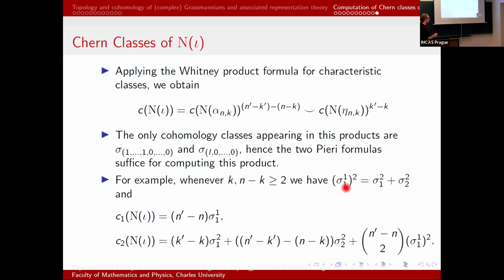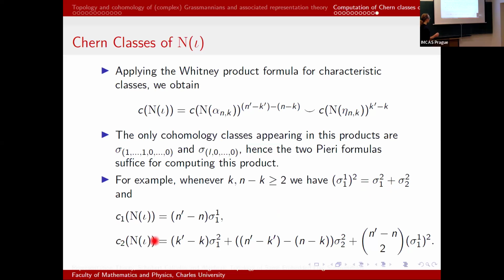In projective spaces, the square of this is just the row partition, and in the case of Gr(k+1, k), the square of this generator is just this column partition.